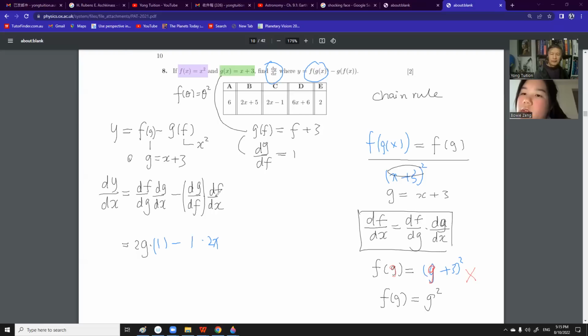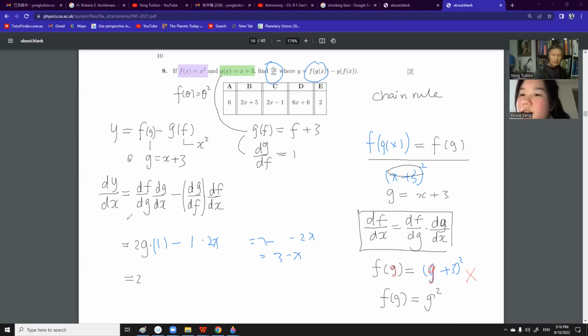Now, how about df/dx? 2x. 2x, yes, that's correct. Nearly finished. Can you rewrite g in the form of x? Yeah, x plus 3. You can continue from here. What is g? Is it 2?